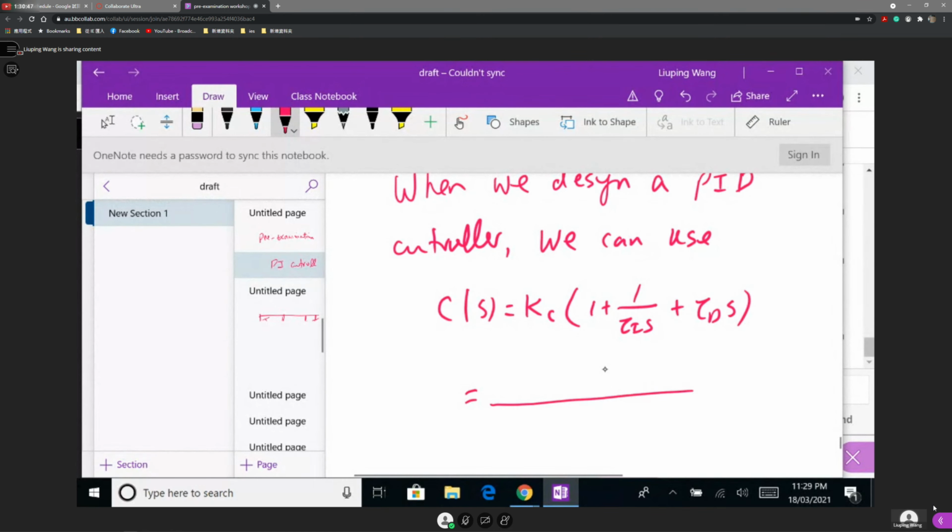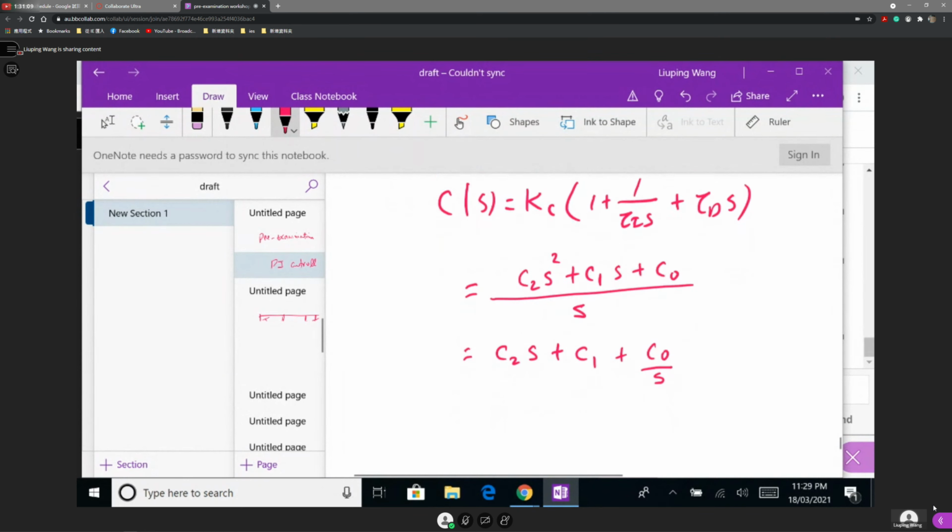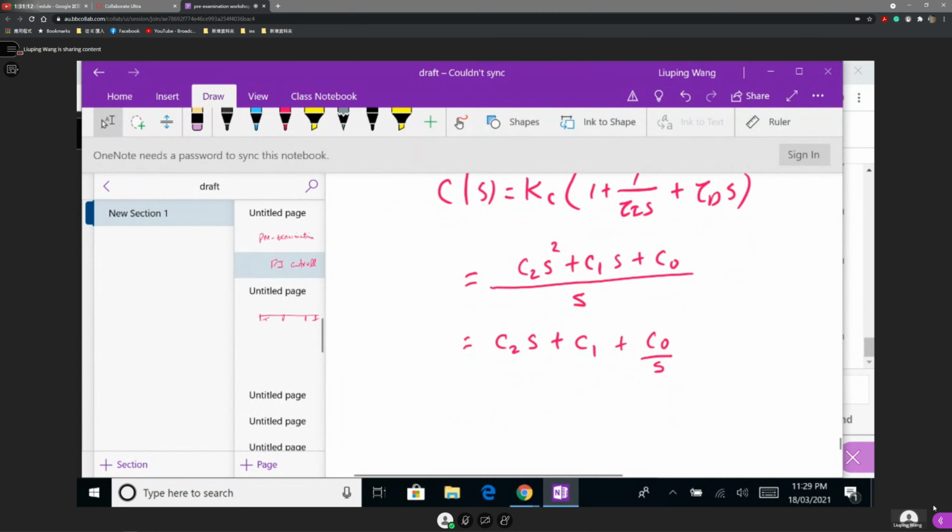I can write it as something like this. So if I write this, this guy is going to be C2S. I can do exactly like I had done before.